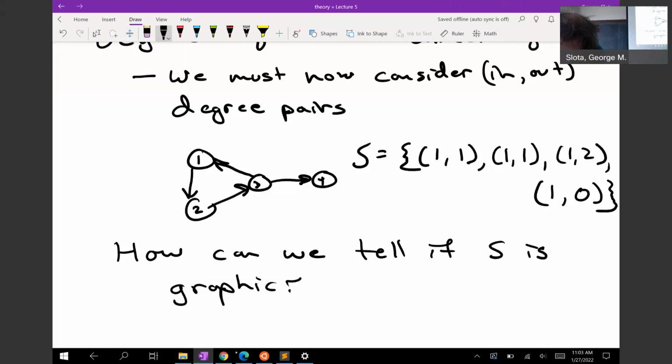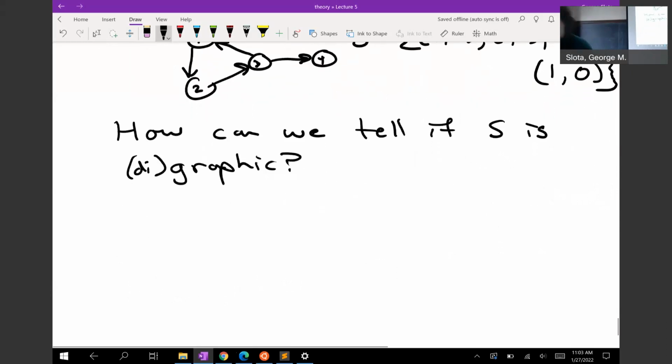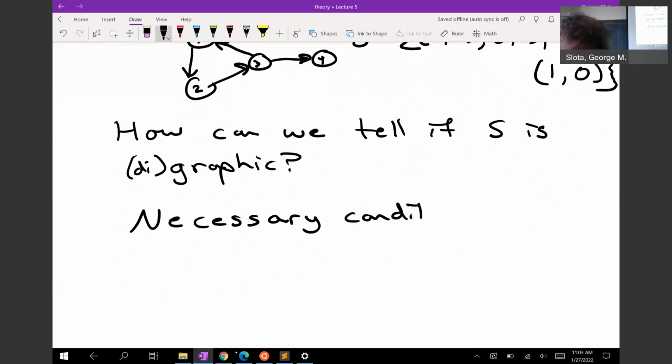How can we tell S is graphic, or digraphic, if you will? Digraphic isn't proper terminology, but it is in this class. How can we tell, well, necessarily, a necessary condition? Thinking back, pretty much our old friend the degree sum formula.